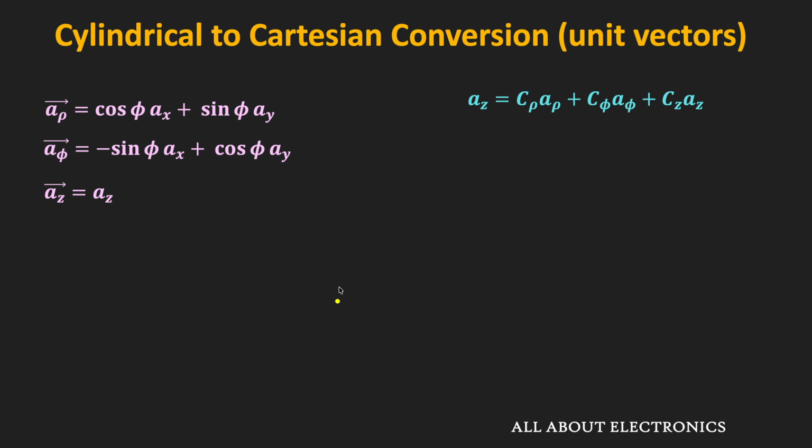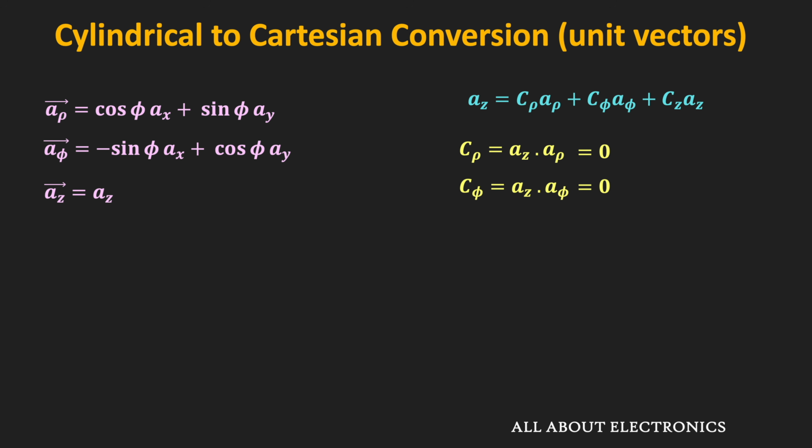So as per this method, az is equal to the combination of the unit vectors a rho, a phi and az. So here, this 0 will be equal to az dot a rho. And as you can see over here, as a rho and a phi do not contain any z component, it will be equal to 0. That means here, this first coefficient is equal to 0, and likewise, this c phi will also be equal to 0.